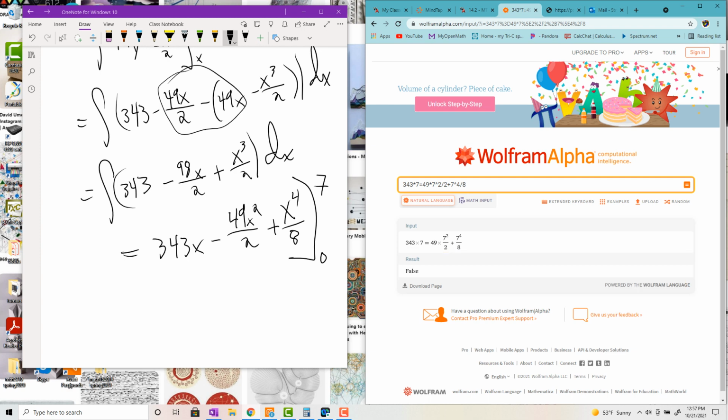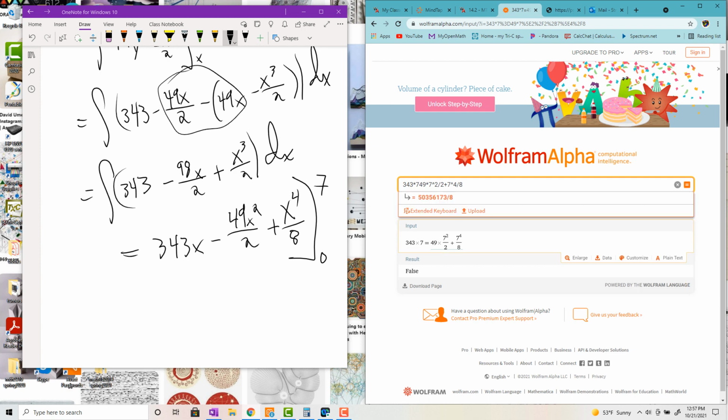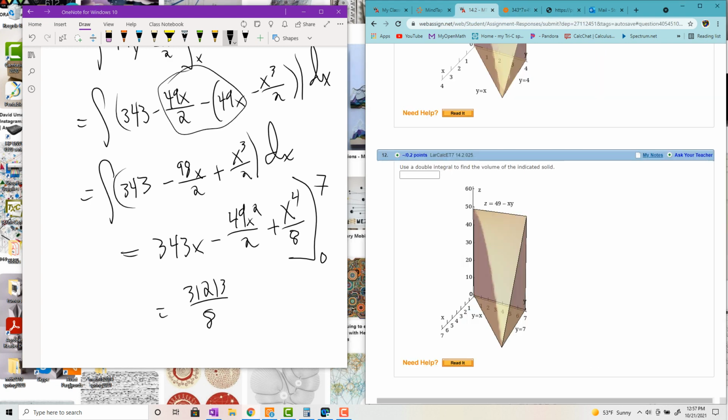Oops, I put an equal sign in there, no wonder. I like that better. 3, 1, 2, 1, 3 all over 8, which seems crazy to me. But you know how it is. 3, 1, 2, 1, 3 all over 8. We'll roll the dice.